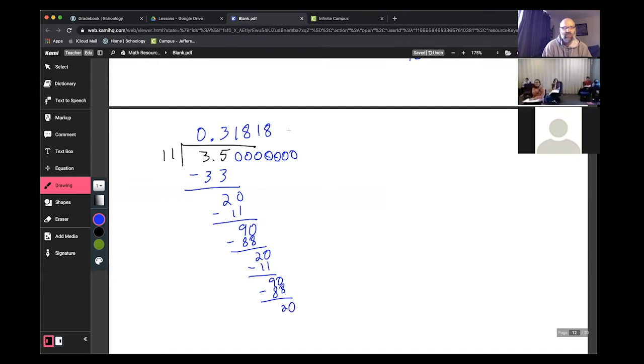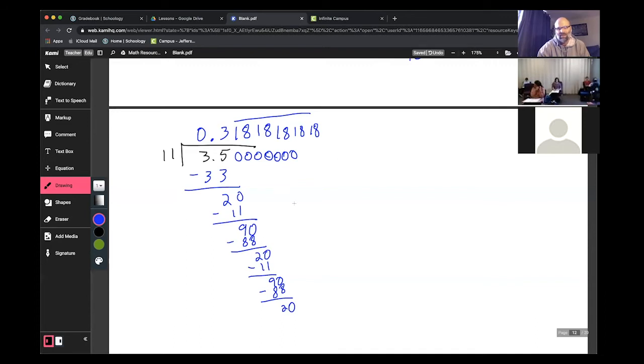I see what's happening here. It's math trickery. So it keeps going 1, 8, 1, 8, 1, 8. So the only thing repeating is the 1 and the 8. So here's the wrong answer. Don't do this. That's not what's repeating. What's repeating is just the 1, 8. This is a misrepresentation of the answer.